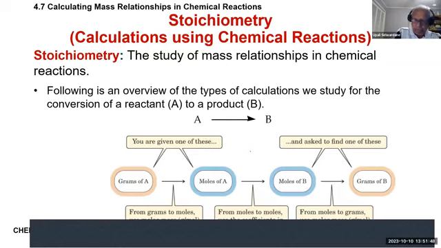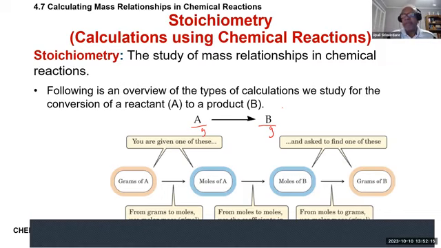Now we're going to look into stoichiometry. Stoichiometry is converting grams of reactants to grams of products using any chemical equation. Now the idea is to use a chemical equation, which is written in a number of moles, molecules.